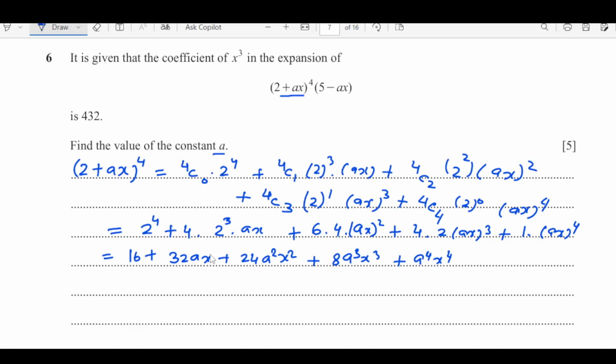So, we have here (2 plus ax) power 4 and we are multiplying it by (5 minus ax).